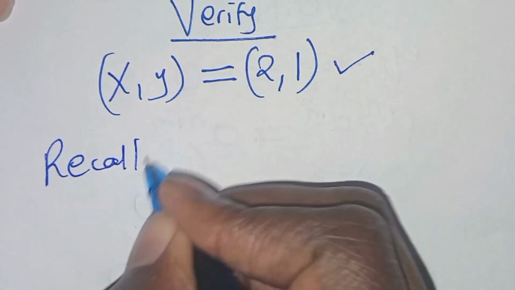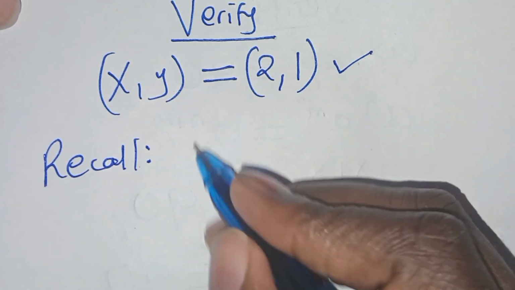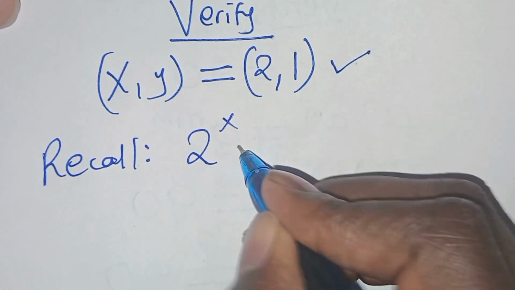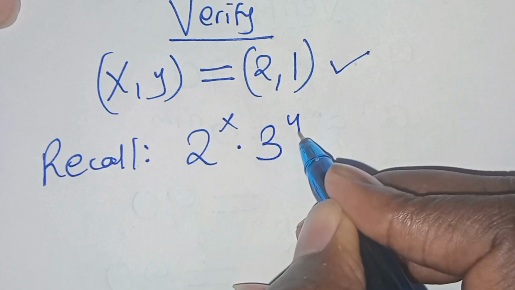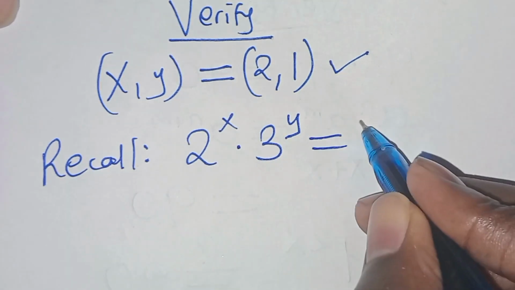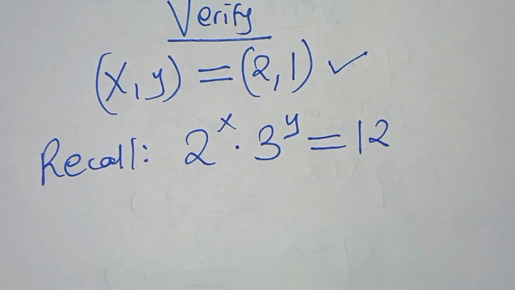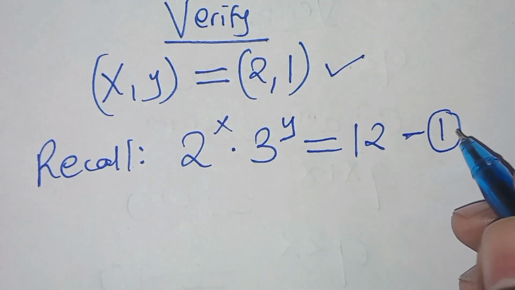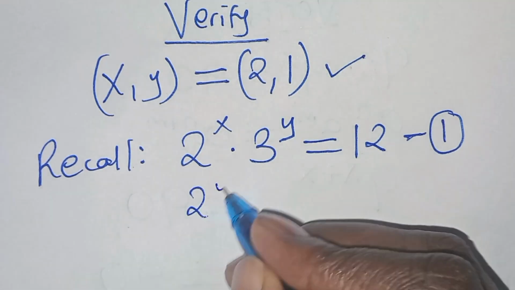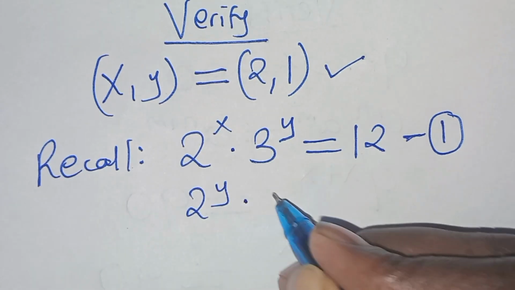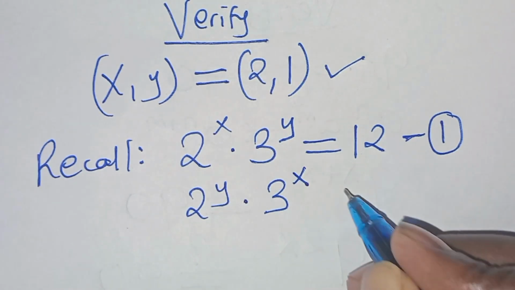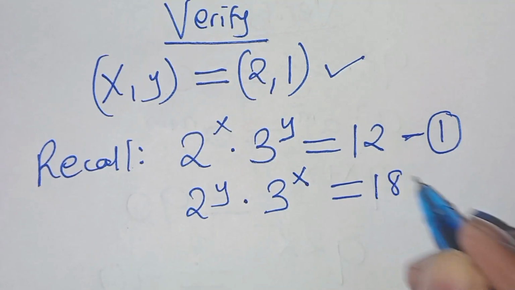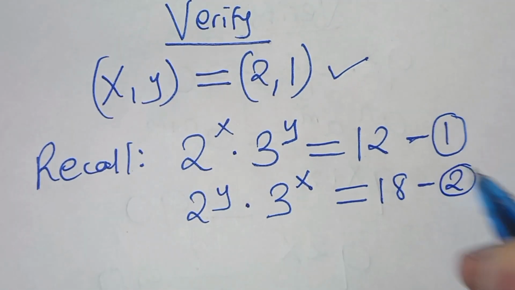Now if you recall, we have that 2 to power x times 3 to power y is equal to 12, and this was equation 1. And we have that 2 to power y times 3 to power x is supposed to give us a value of 18. This is equation 2.